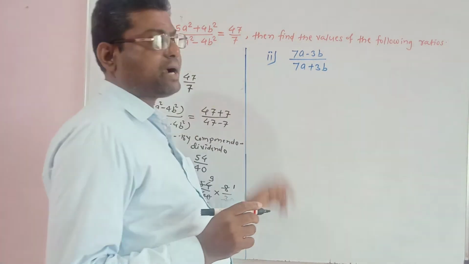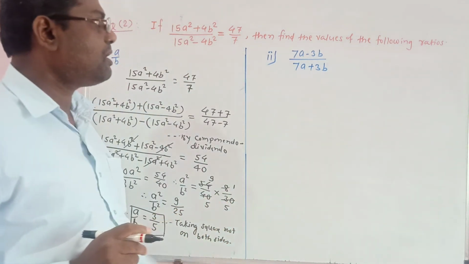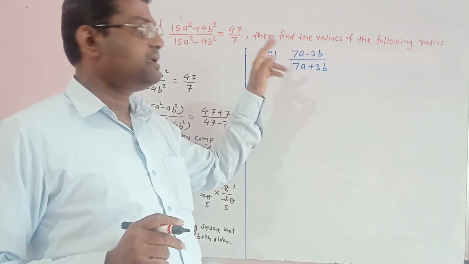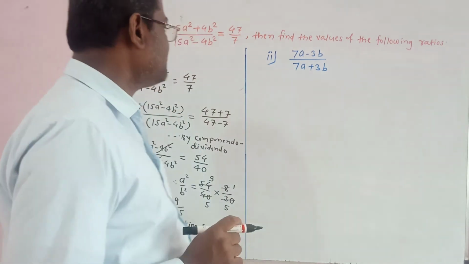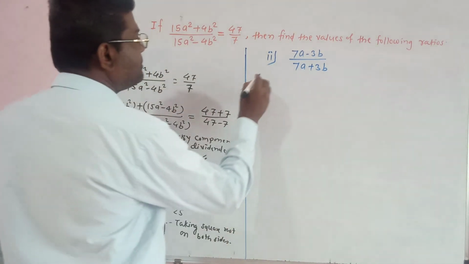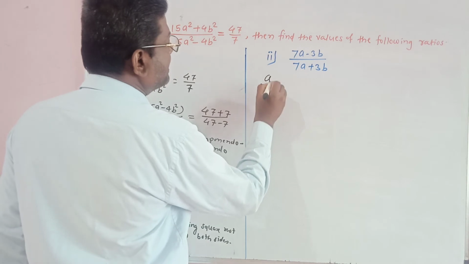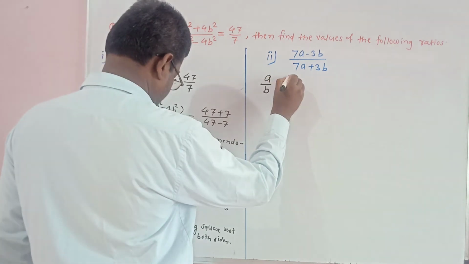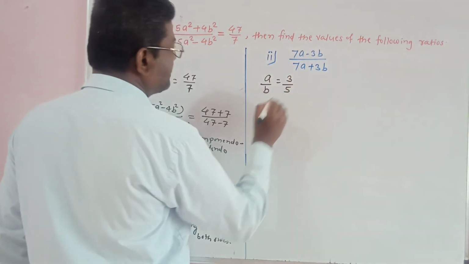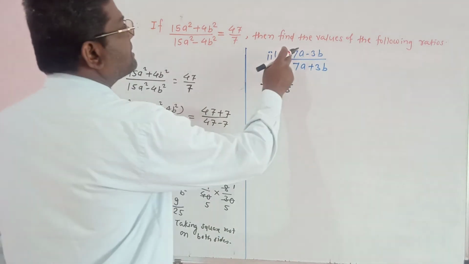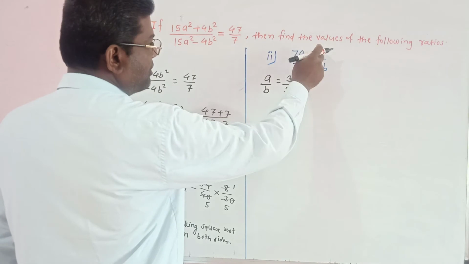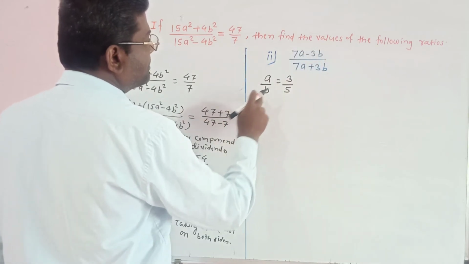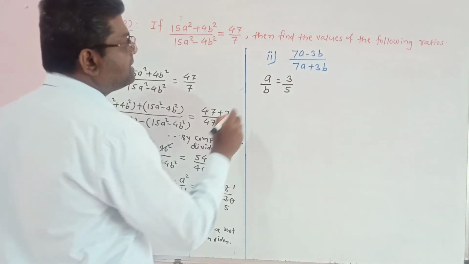Now we have to find the value of the ratio 7a minus 3b upon 7a plus 3b. Now we have the value a upon b is equal to 3 upon 5. We want here 7a, so we have to multiply a by 7, and we want here 3b, therefore we have to multiply b by 3.